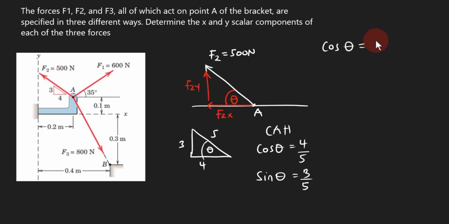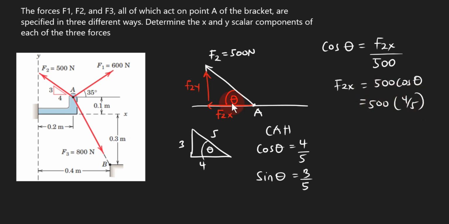And the adjacent side is F2x over the hypotenuse, which is 500. So I'm going to have F2x equal to 500 cosine of theta. We know cosine of theta to be 4 over 5, so we can substitute. That will be 500 multiplying 4 over 5. This was the reason why I made us not use theta F here, and we maintain the theta.